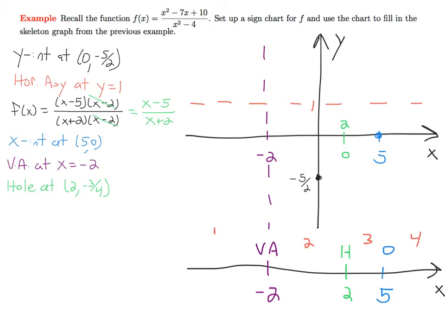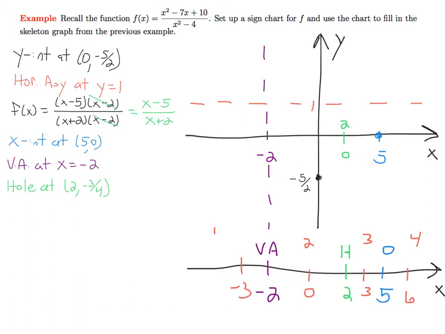So for example, x equals minus 3 would suffice. In the interval between x equals minus 2 and 2, I can pick a test value such as x equals 0. Over here, I'm going to pick a value between 2 and 5 such as 3. And over here, I'm going to pick x equals 6.